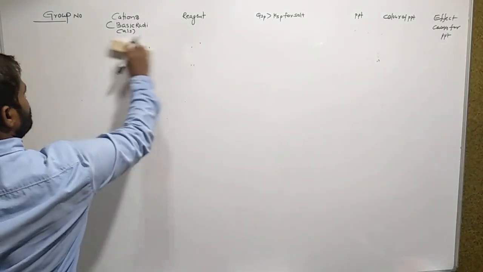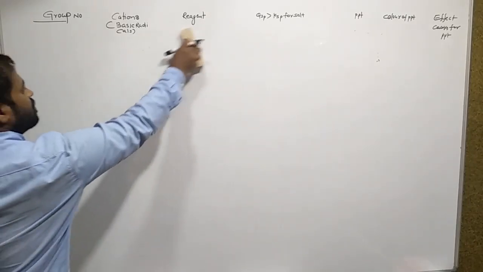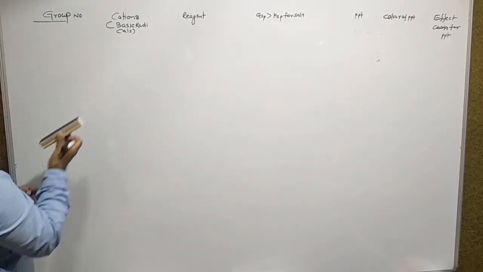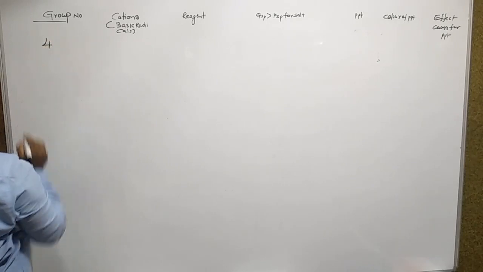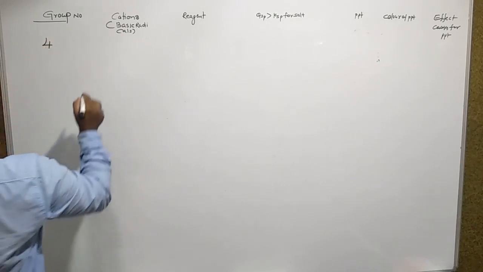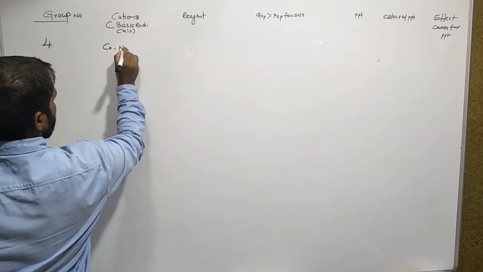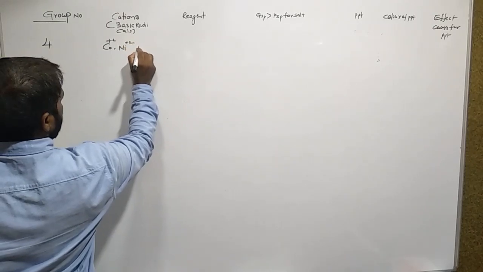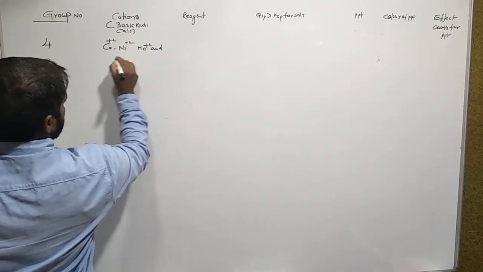Now go for fourth group cations. So which is the fourth group? What are the fourth group cations? Cobalt plus 2, nickel plus 2, Mn plus 2 and Zn plus 2.